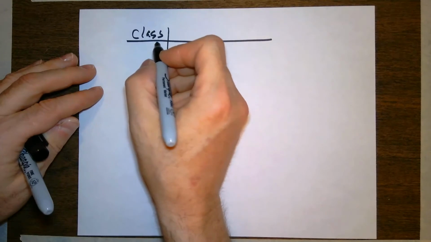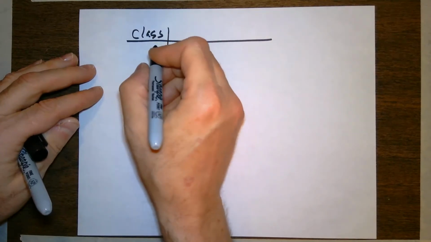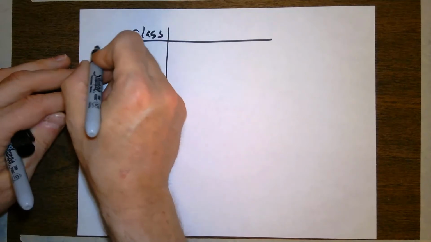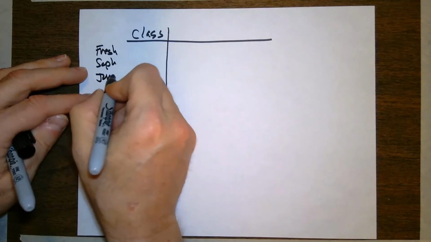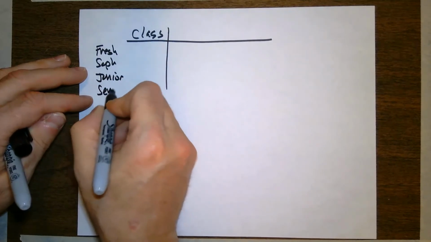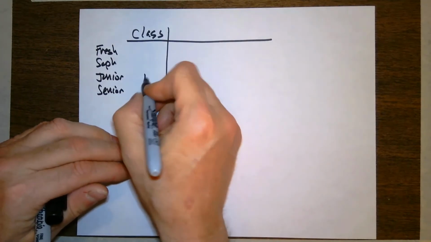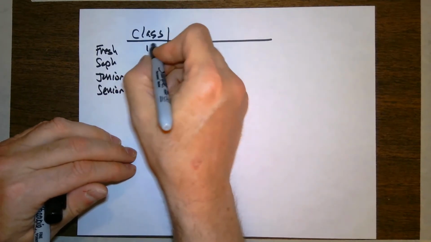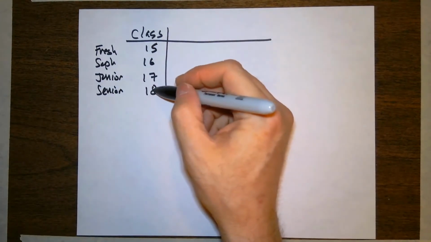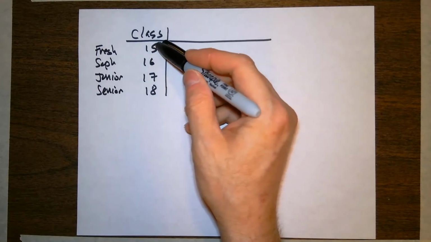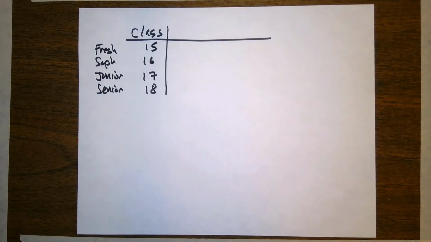I'll talk about my freshmen, sophomores, juniors, and seniors, and maybe I could break those up by ages: 18-year-olds, 17-year-olds, 16-year-olds, and 15-year-olds. And yeah, I know we've got some seniors that are 19 or 17 and freshmen that are 14, but let's just have this as a nice, convenient, easy number.